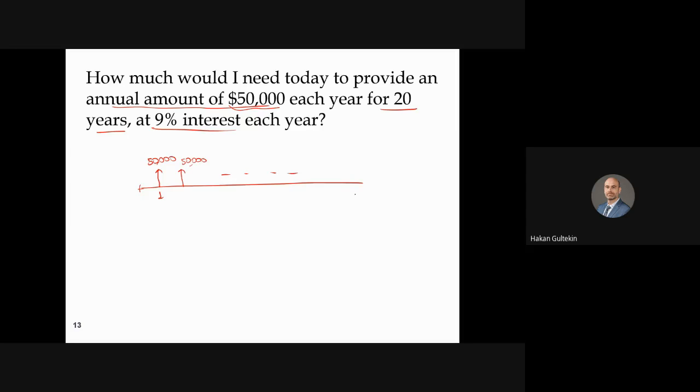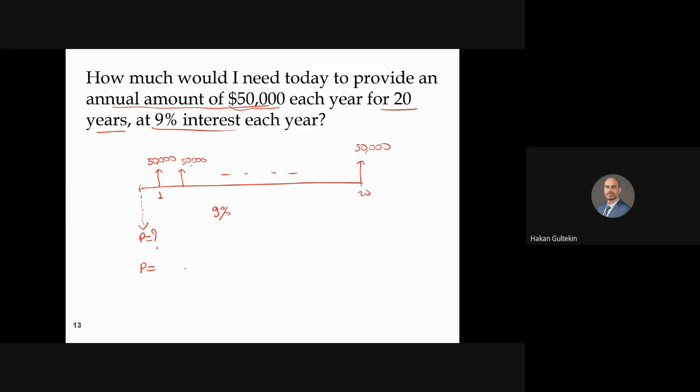And I will continue to do this for 20 years. And what should be the amount that I deposit, for example, into my bank account now, so that with 9% interest, I will have these $50,000 each year?